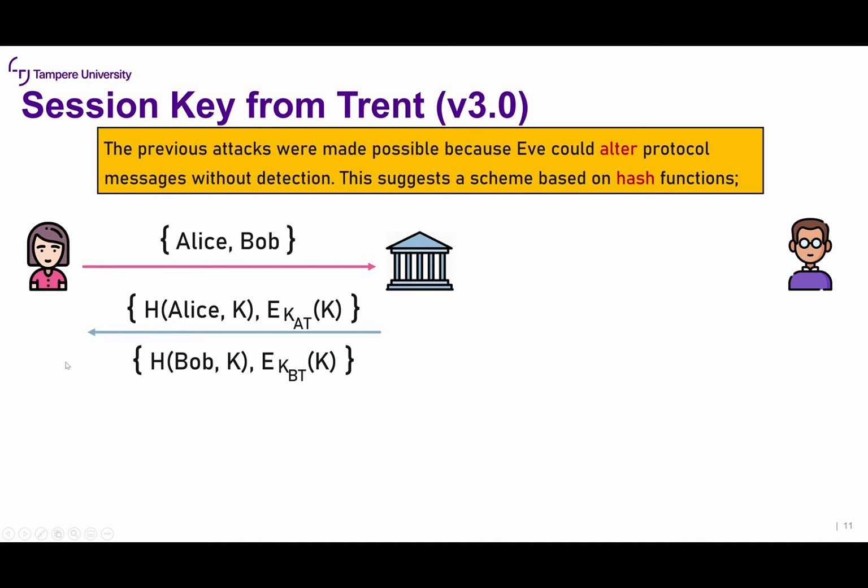The first hash would be the sender's ID concatenated with the session key, so Alice's ID concatenated with the session key that Trent generated. And another hash would contain similarly Bob's identity concatenated with the session key that Trent generated, right?